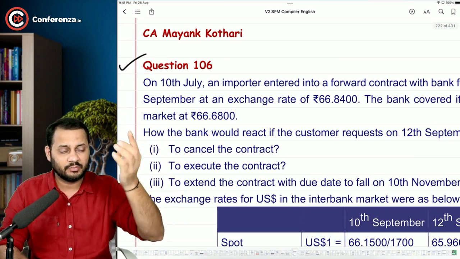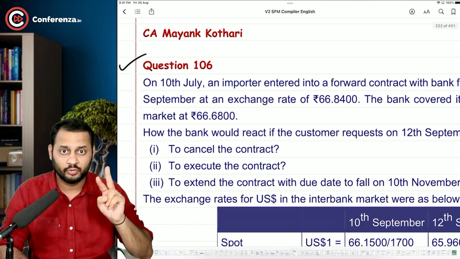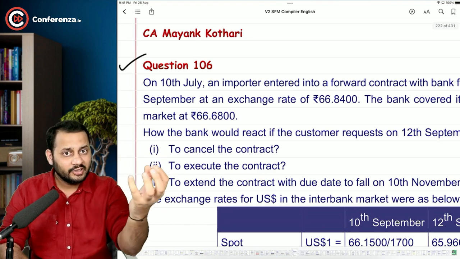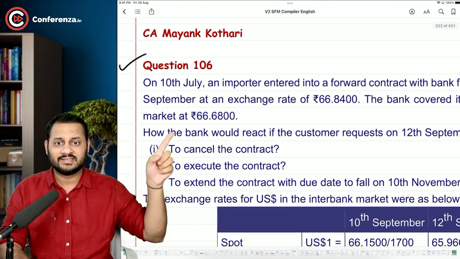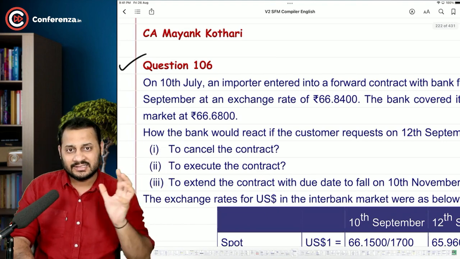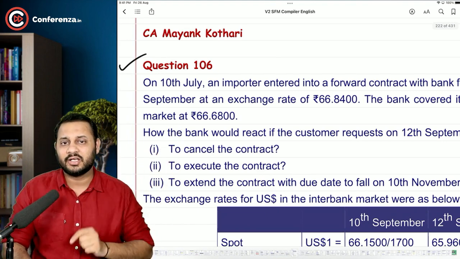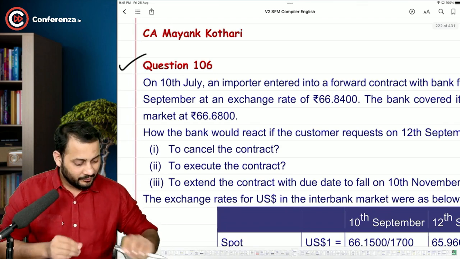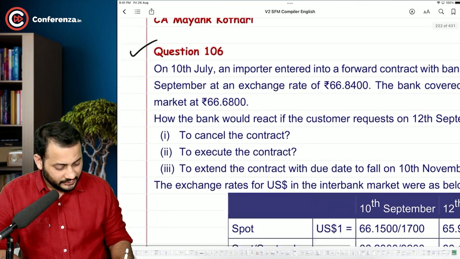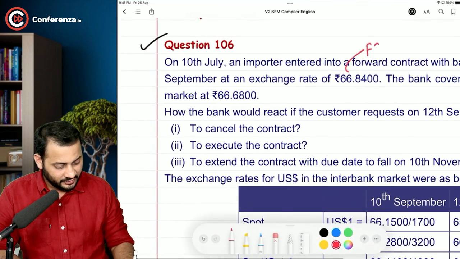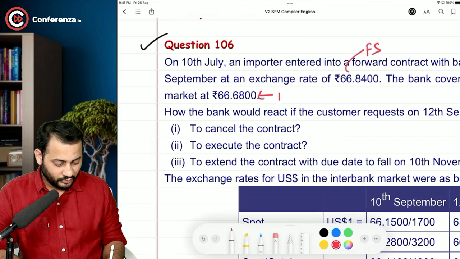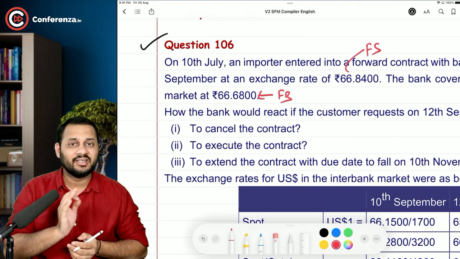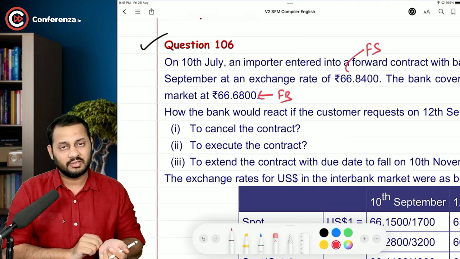On 10th of September, two months after that, our bank will buy the dollars from the other bank at 66.68 and sell it to the importer at 66.84, making a profit of the difference between these. So from our bank's angle, this is a forward sell, this is a forward buy. Both of them have to cancel with each other if the delivery happens as agreed.